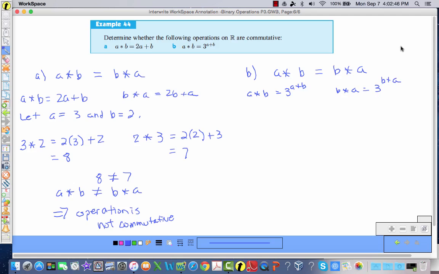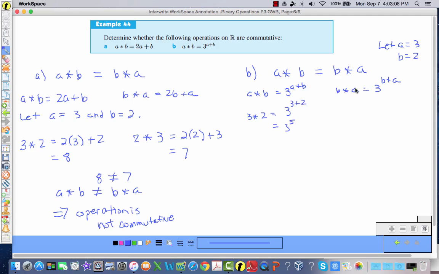And we can go ahead and just say, why change anything? Let a equal 3 and b equal 2. And let's see what happens. So then 3 star 2 would be equal to 3 to the 3 plus 2, which is 3 to the 5th power.